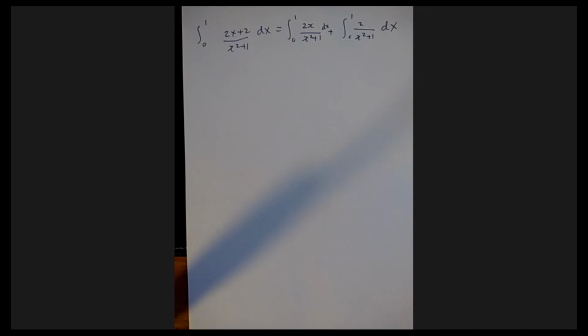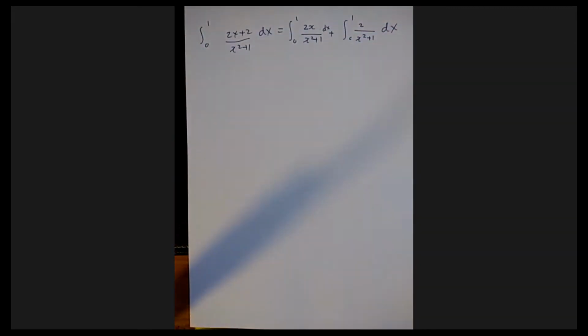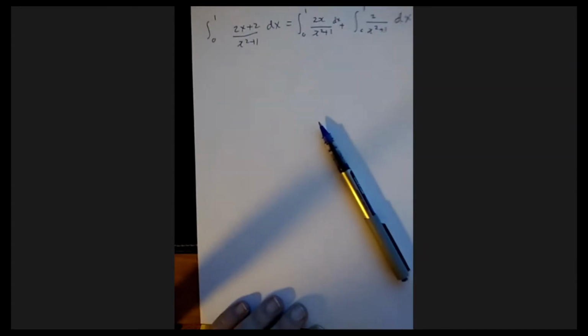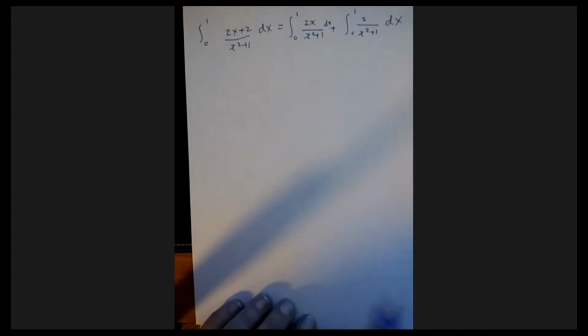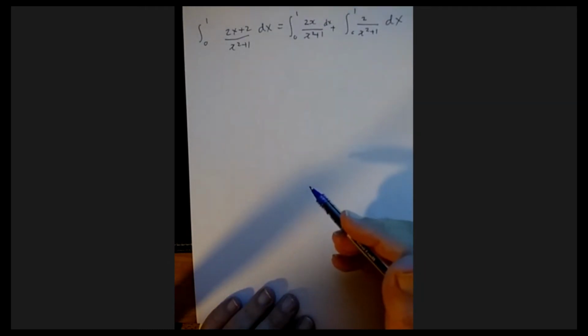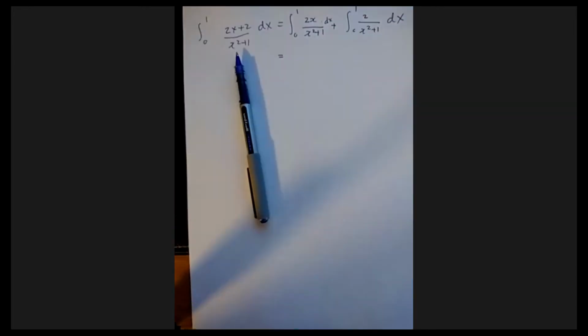Okay, so has anybody any ideas why I split it this way instead of some other approach? Right now, I have a fraction (2x plus 2) over (x squared plus 1).